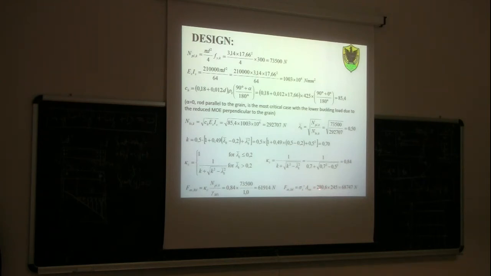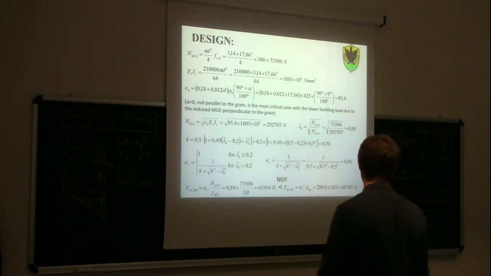Well, if you want, this is the capacity, 61,114, and this is the demand, 68,747. So the demand is larger than the capacity. So we saw that due to buckling, actually, the design is not satisfied, because we may have a failure due to buckling of the compressed rod.